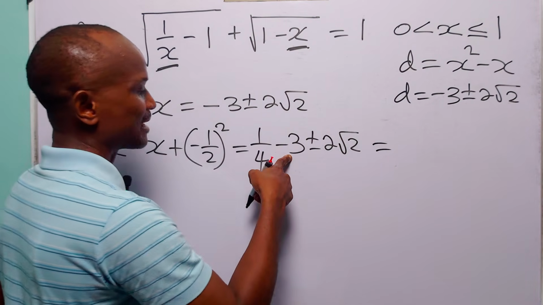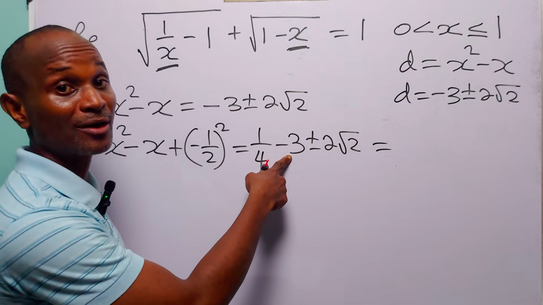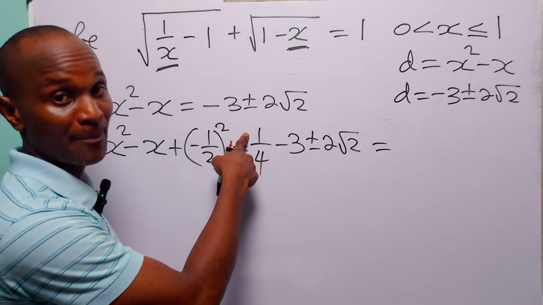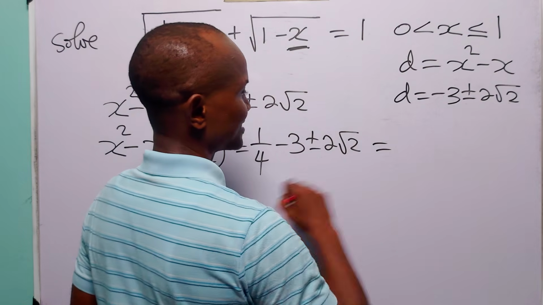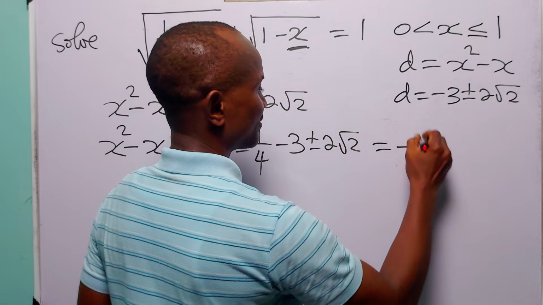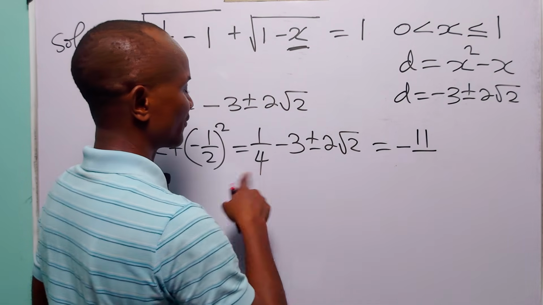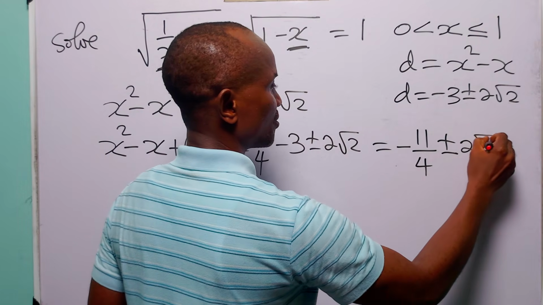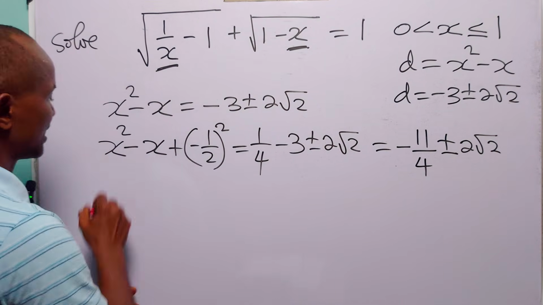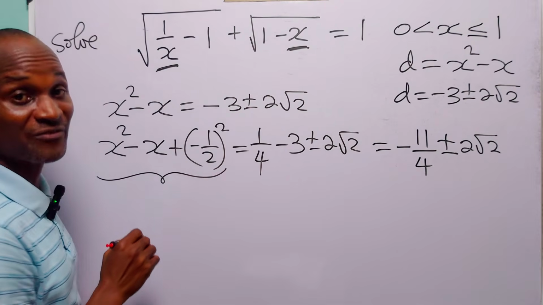Now 4 times minus 3 is minus 12. 1 minus 12 is minus 11. So on the right hand side we have minus 11 over 4 plus or minus 2 root 2. Now this is a perfect square.